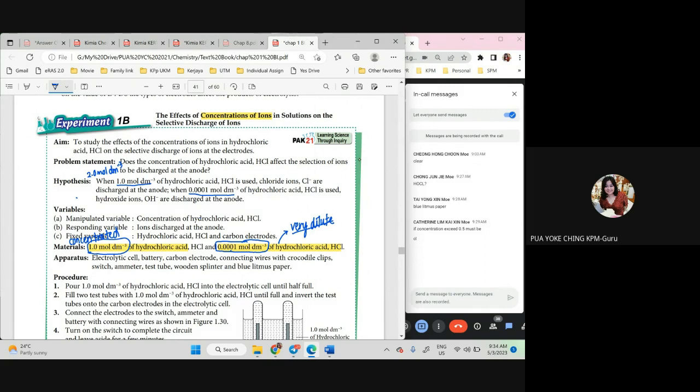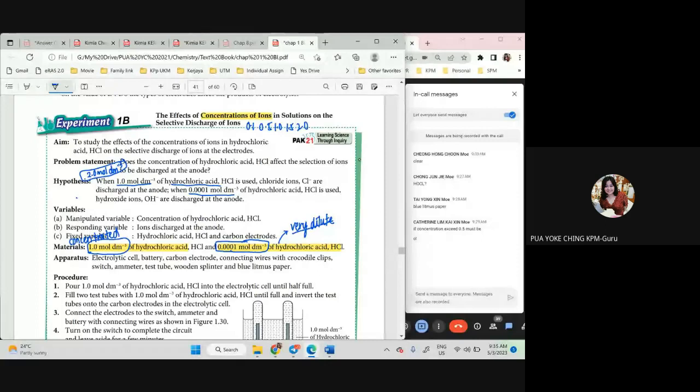Solutions yang senang is always that 0.1, 0.5, 1.0, 1.5, 2.0. This is the normal. Dan this is acid. So, maximum kita accept sampai 2.0. Sebab kalau terlalu tinggi, then it's corrosive. Sangat bahaya. You tak boleh buat dalam lab.